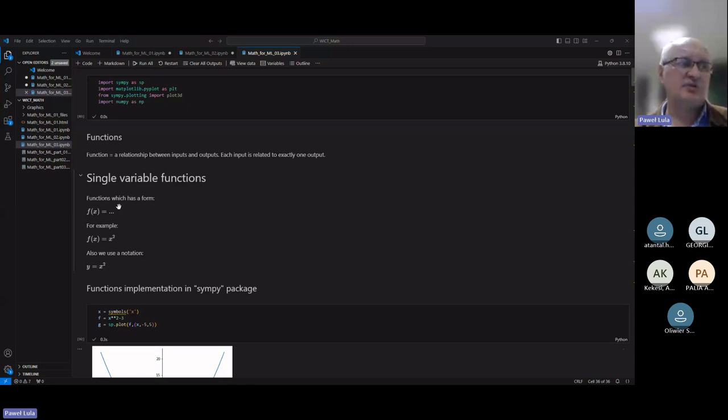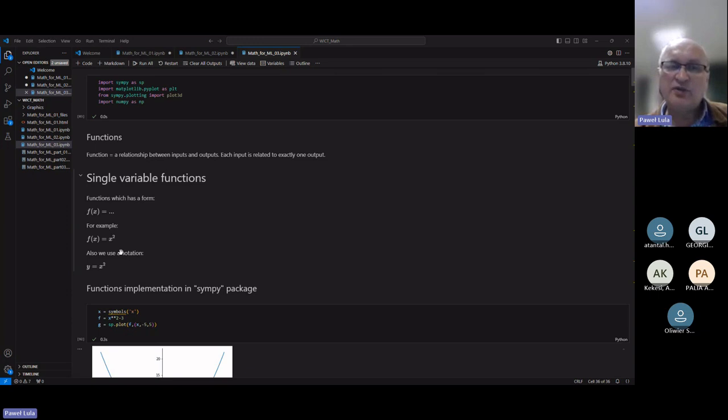For example, here we see an example. We want to transform the x value in this way, which is defined here. During this transformation, we calculate the second power of x, x to the second power, x squared.